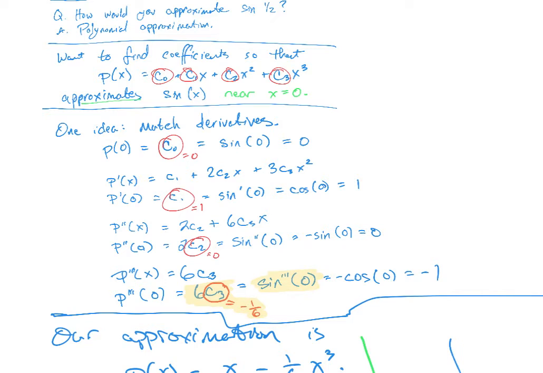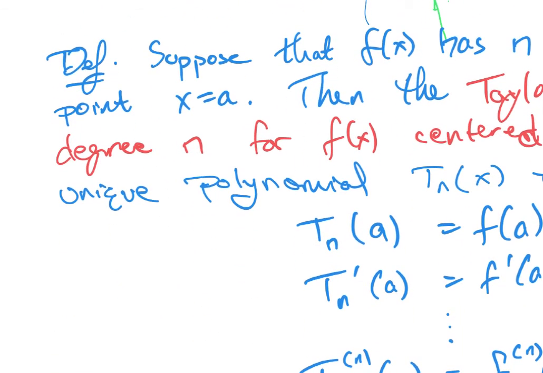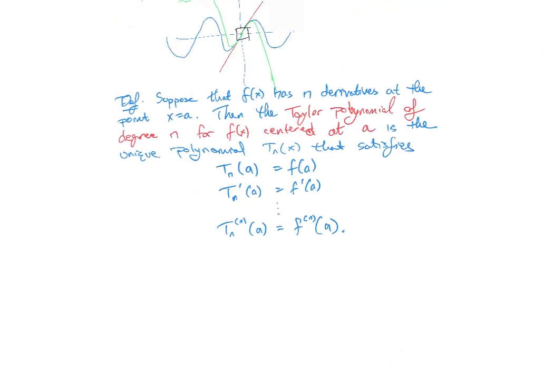By the time we solve for the kth coefficient, it's going to be multiplied by k factorial, because we're taking these repeated derivatives. And we don't end up solving for a coefficient until it's the constant term of the polynomial. That's what I mean.